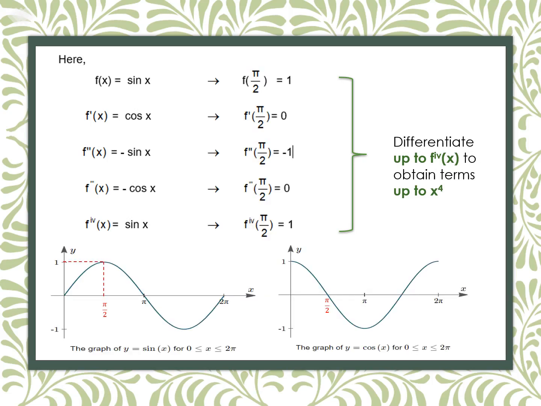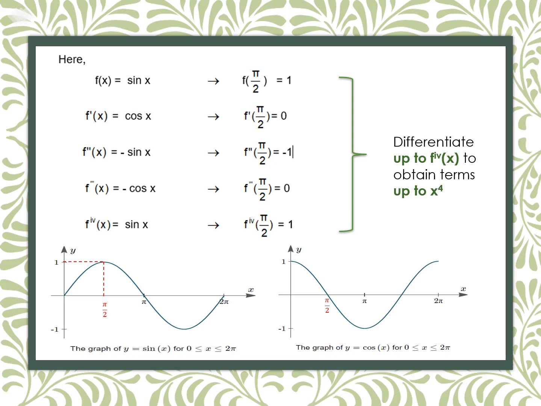Next, replace all the x with pi over 2, you will obtain f pi over 2 equal to 1, f prime pi over 2 equal to 0, f double prime pi over 2 equal to negative 1, f triple prime pi over 2 equal to 0, and f 4 prime pi over 2 equal to 1.